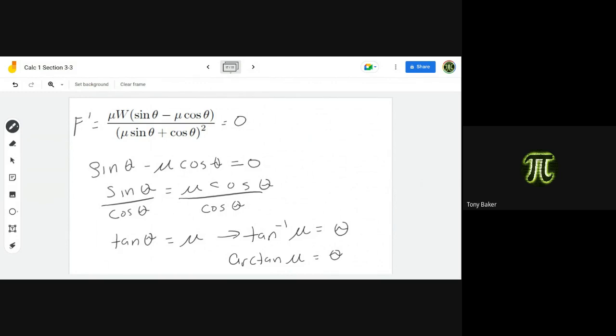Let's give you guys a problem to try. All right, I'll give you a choice. Do you want two easier ones or one hard one? One hard.